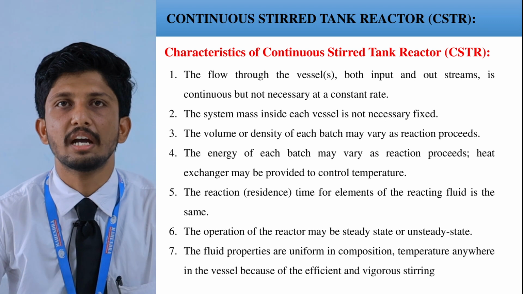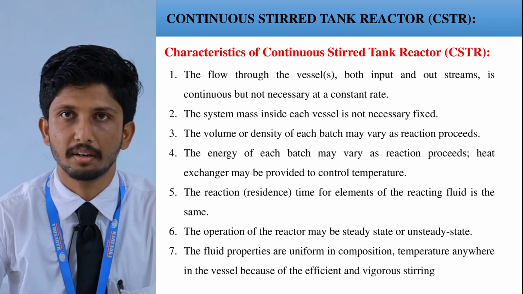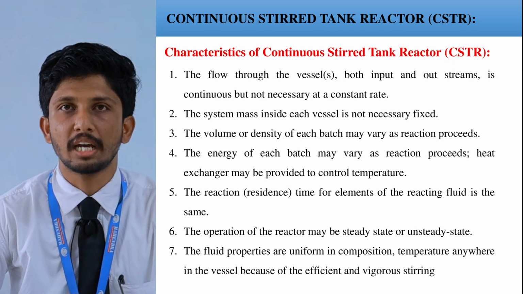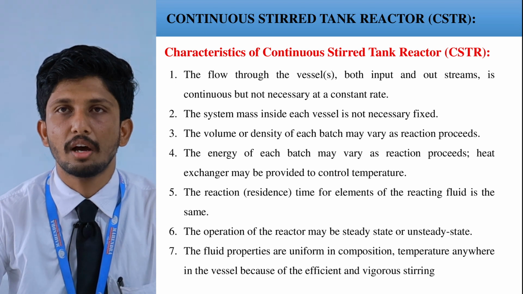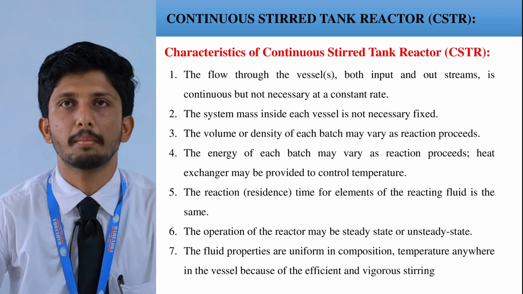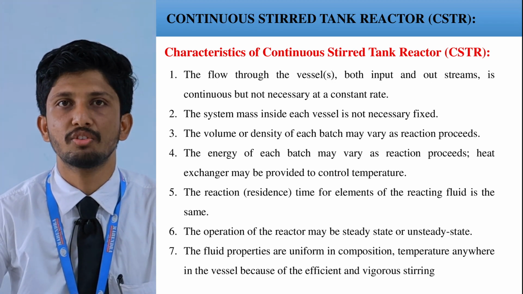The energy of each batch may vary as the reaction proceeds. The residence time or reaction time of elements of the fluid is also constant. These are all the common features of both batch and continuous reactors.